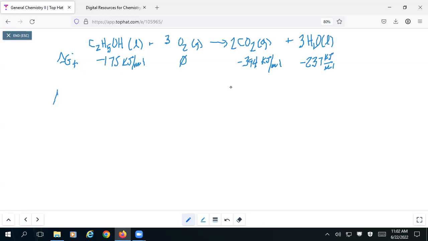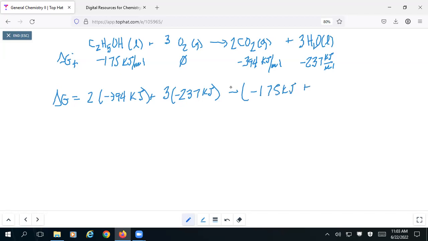So to find delta G, it's the sum of the products minus the sum of the reactants. So we have 2 times negative 394 kilojoules plus 3 times negative 237 kilojoules, minus negative 175 kilojoules and 3 times 0.